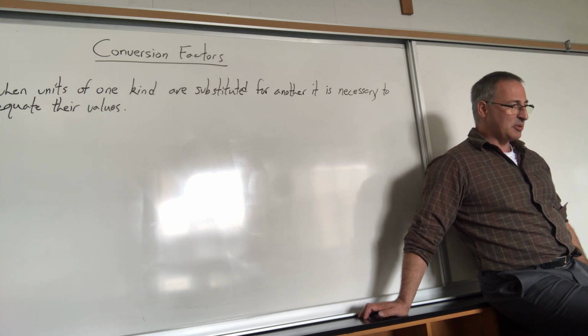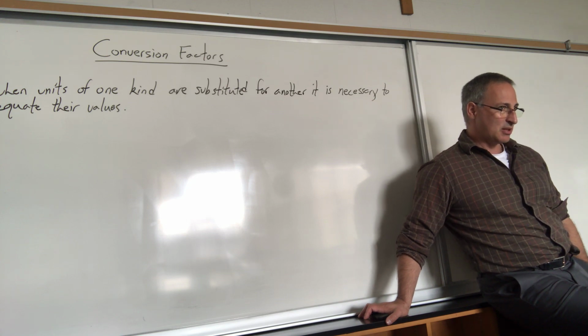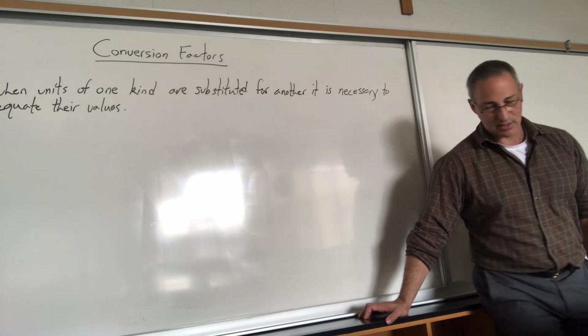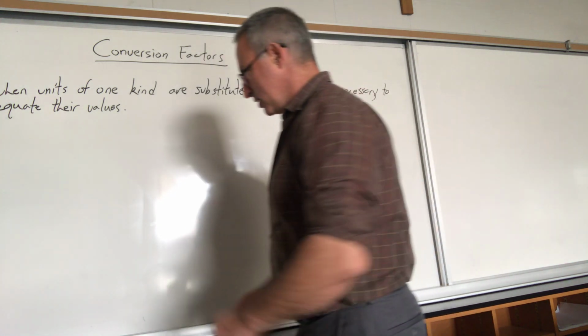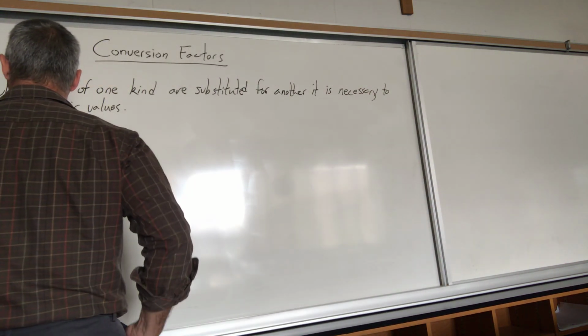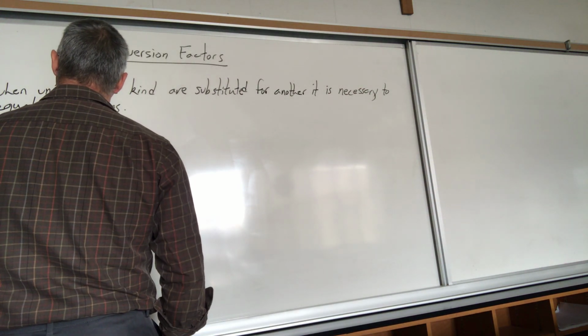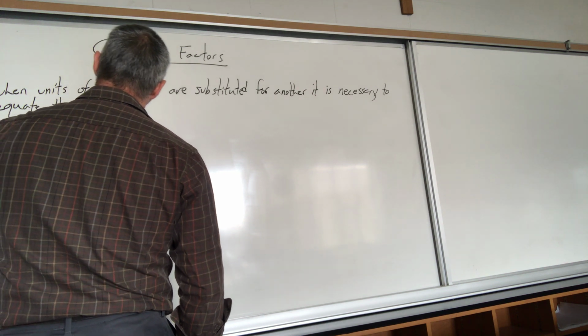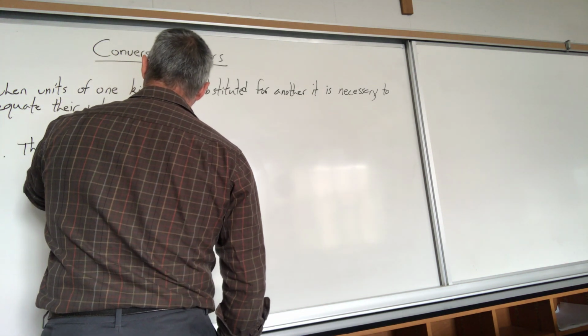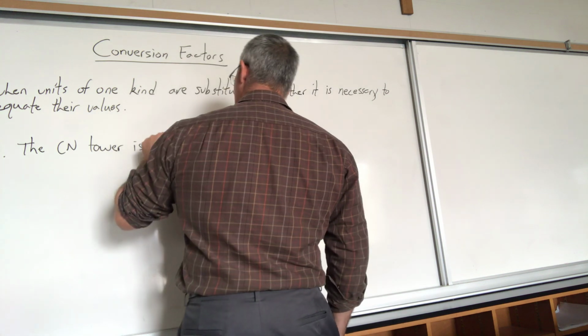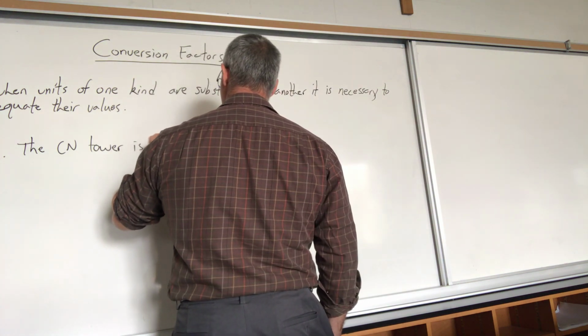So scientifically speaking, because units and measurement are so important, we have a system whereby you can convert one type of measurement into a different type of measurement. Let's show you an example. The CN Tower is 450 meters high.